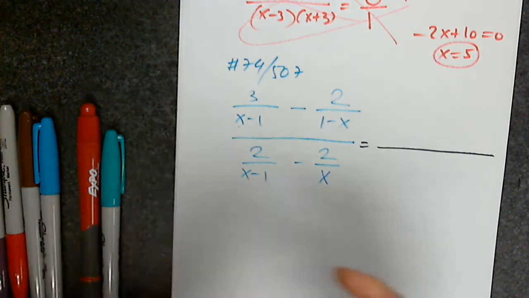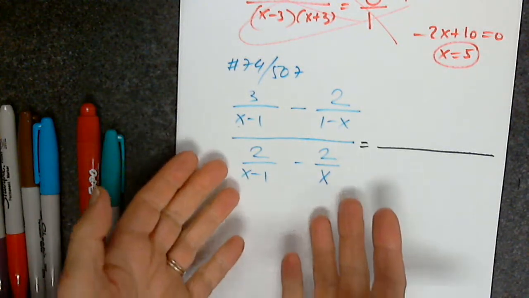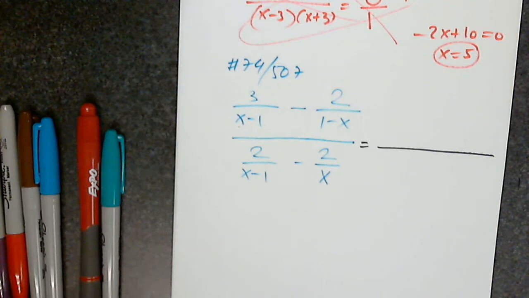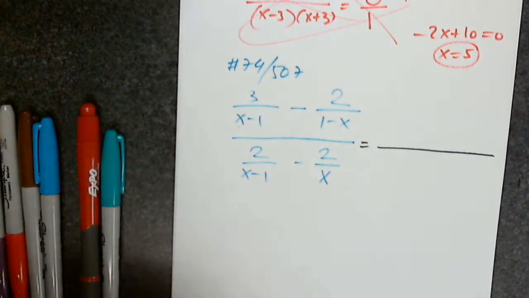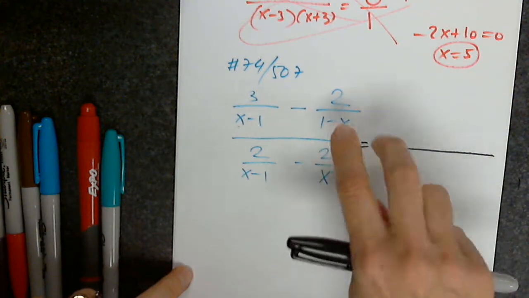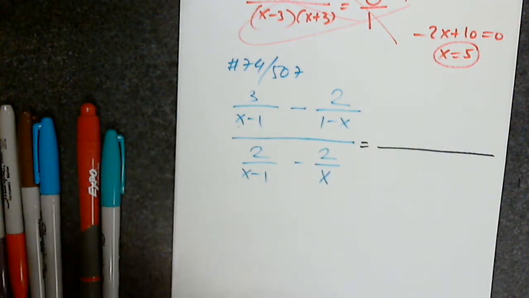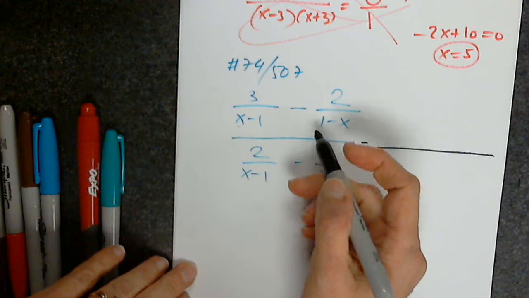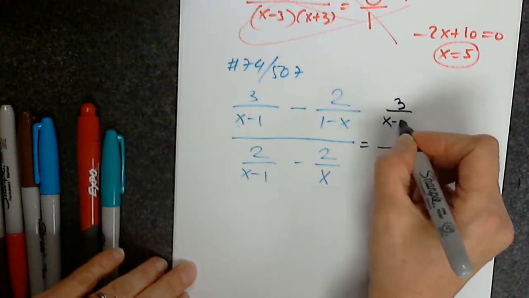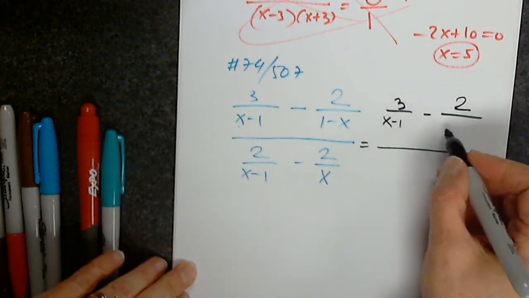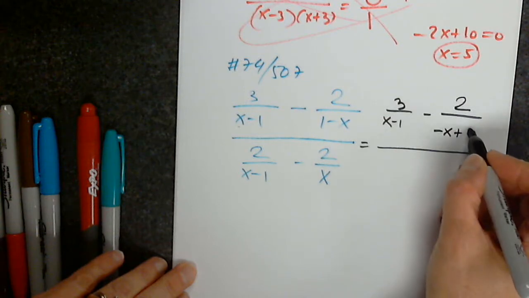When we look at the denominator, I'll say it's okay. But when I look at the numerator, I don't say it's okay. Why? Right. So this is a problem here. So I have to reverse, put them in a descending order. So this is 3 over x minus 1 minus 2 over negative x plus 1.